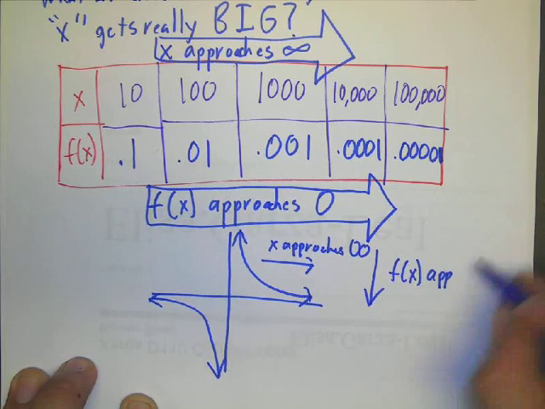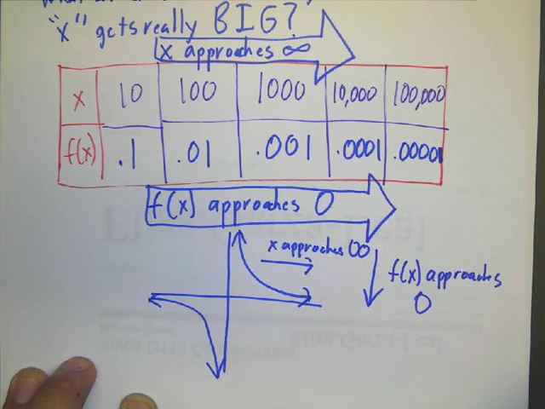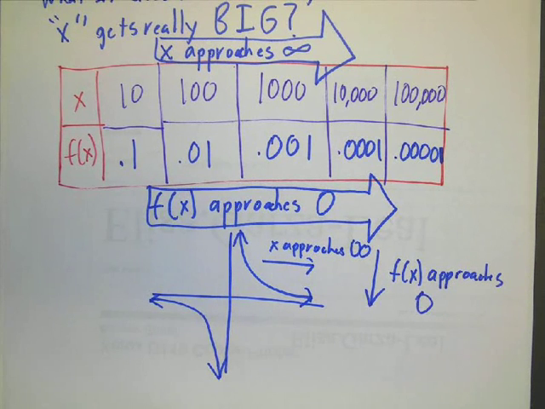As x gets larger and larger, it's getting closer and closer to that x-axis. All right. Any questions? Okay.